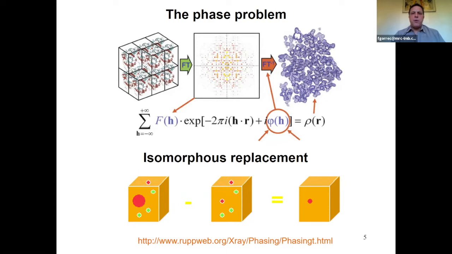And from then you may have a way to deduce the data that is based only on the heavy atom location. And that allows you to deduce the phase data. There are other ways to obtain the phase, like molecular replacement, of course. But I mentioned isomorphous replacement because this is about crystallization.